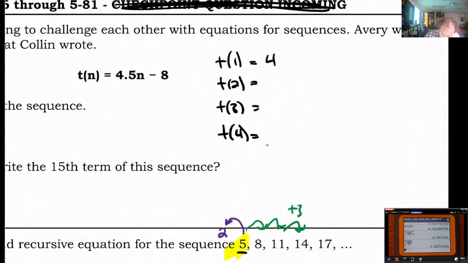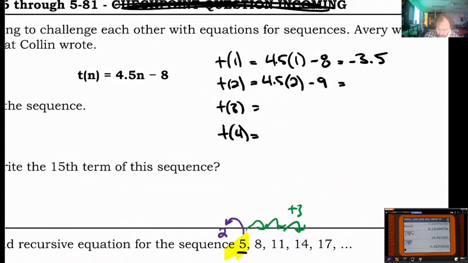This is going to be 4.5 times 1 minus 8, and that's going to be negative 3.5, right there. The next one is 4.5 times 2 minus 8, and 4.5 times 2 is 9, 9 minus 8 is 1.